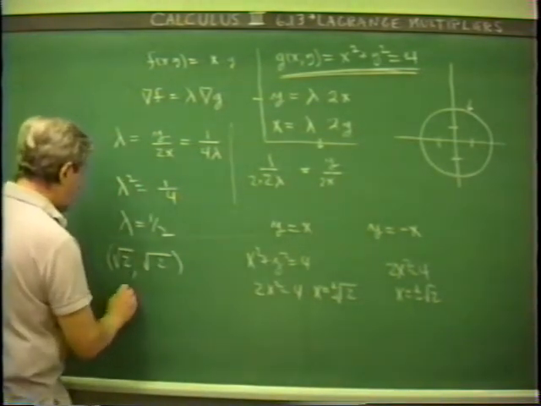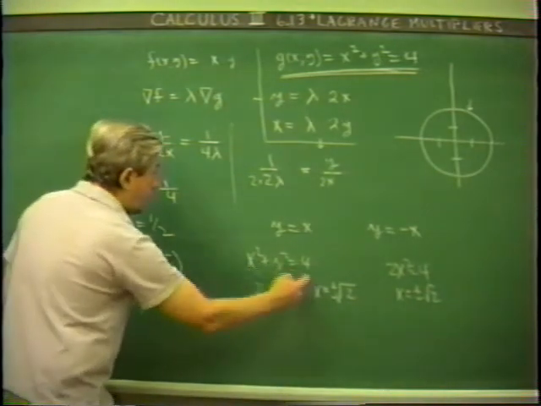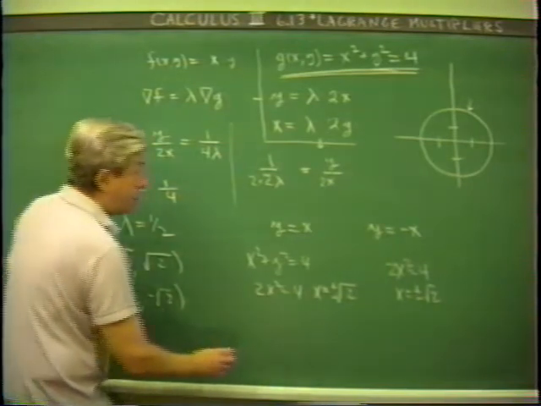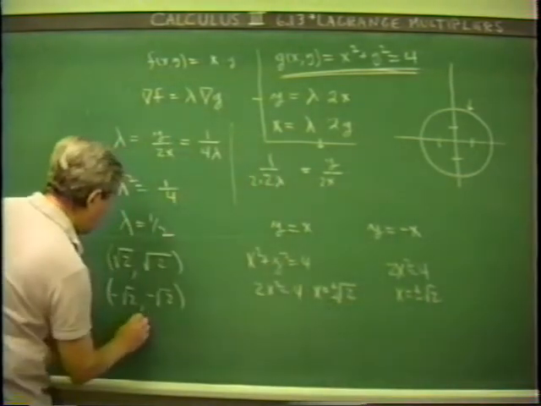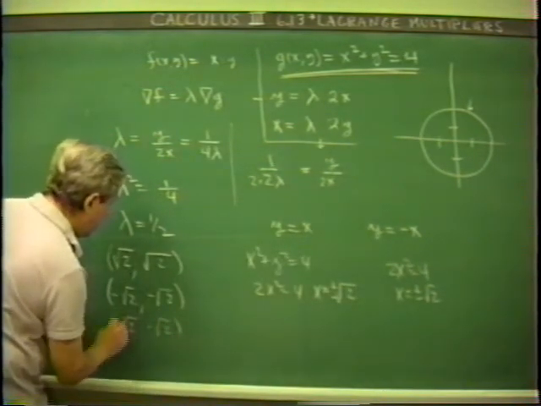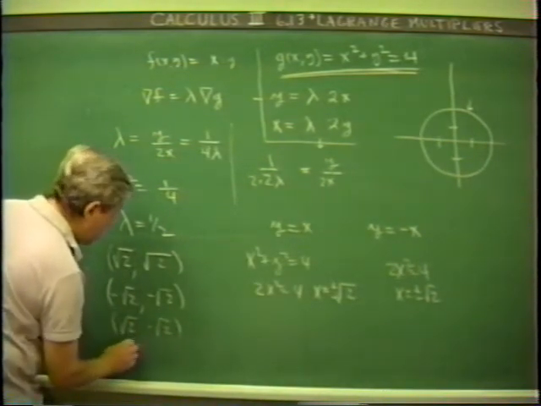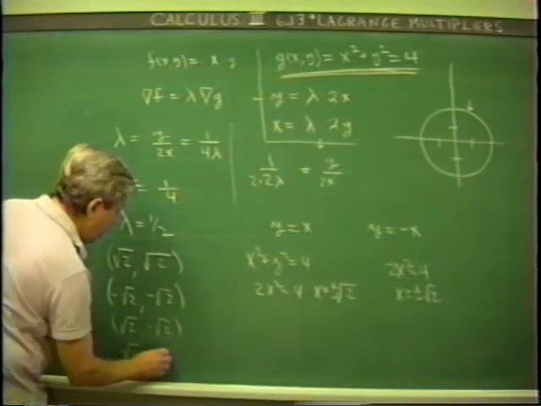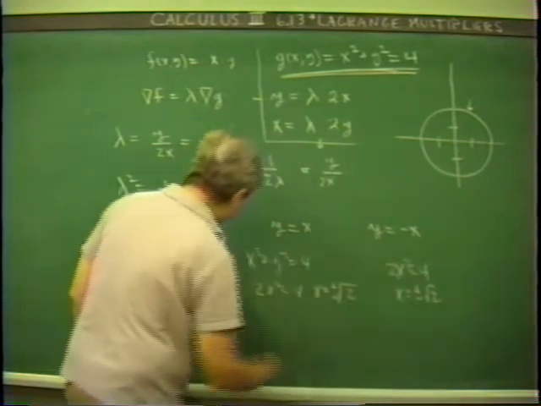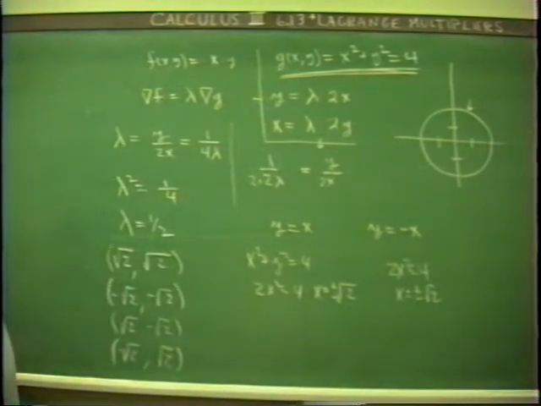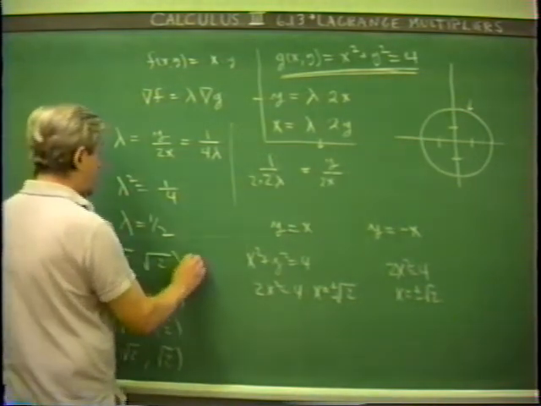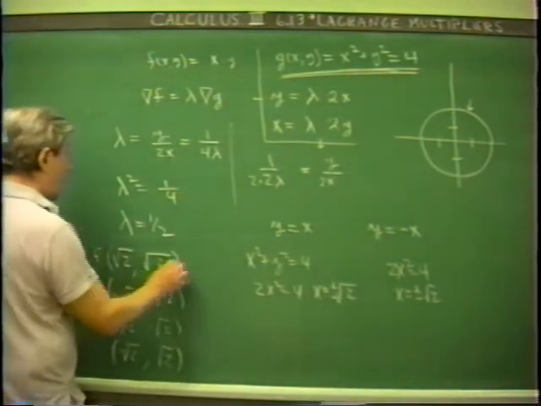X can be the square root of 2, and y equal to x, the square root of 2. X can be minus the square root of 2, and y equal to x, which is minus the square root of 2. X can be the square root of 2, and y equal to minus x, so minus the square root of 2, and x can be minus the square root of 2, and y equal to the square root of 2.